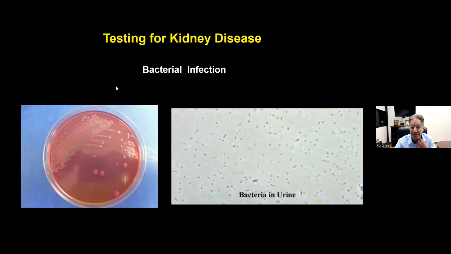Now, another problem that patients can get, especially in young women who are sexually active, is urinary tract infections. And we see this by looking at the urine under the microscope. These are bacteria in the urine that you should never see. And we also, like any infection, see what is growing, and we'll take a sample and put it on this agar plate here.